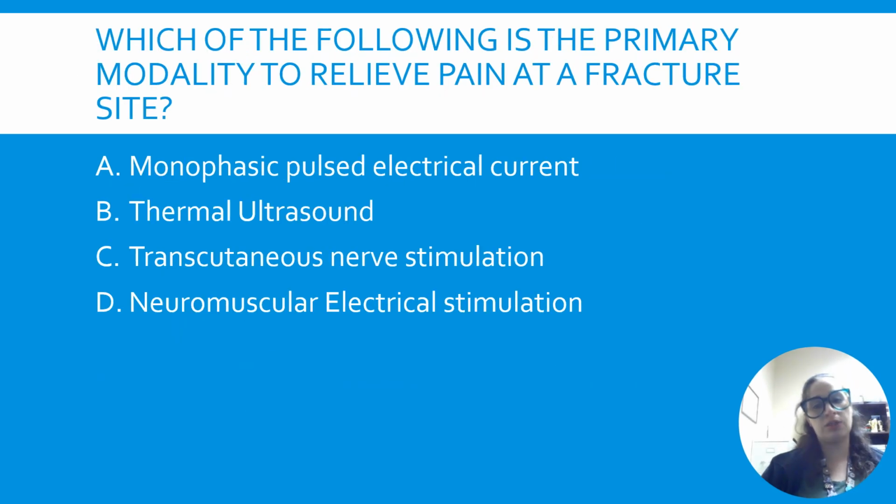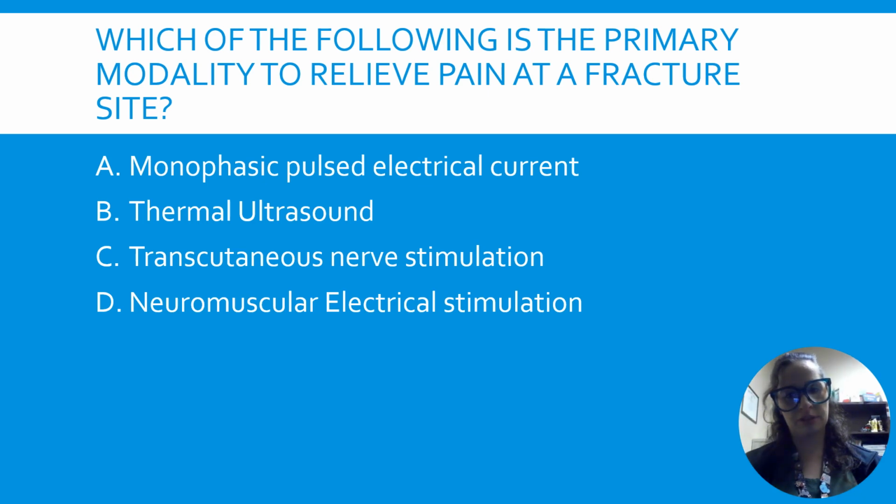So this question says, which of the following is the primary modality to relieve pain at a fracture site? I talked about it earlier. I said that ultrasound can be used for fractures, right? Now let's see what options they have. Thermal ultrasound, that's the only ultrasound option they have. Is it thermal though?